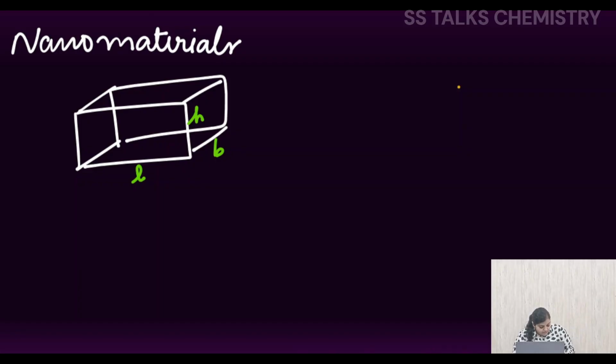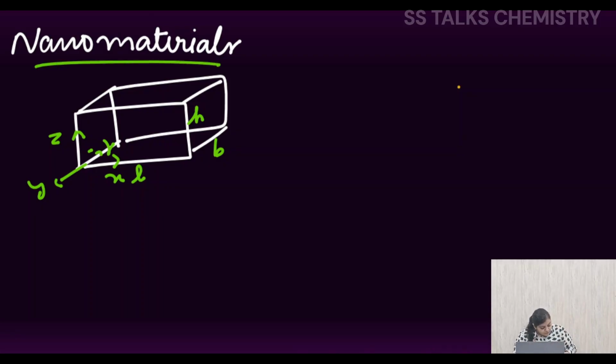Suppose your length is going in the x direction, the height is going in the z direction, and this is the y direction. So breadth is along the y axis. That means to define the dimensions of any species, we need the three axes: x, y and z.